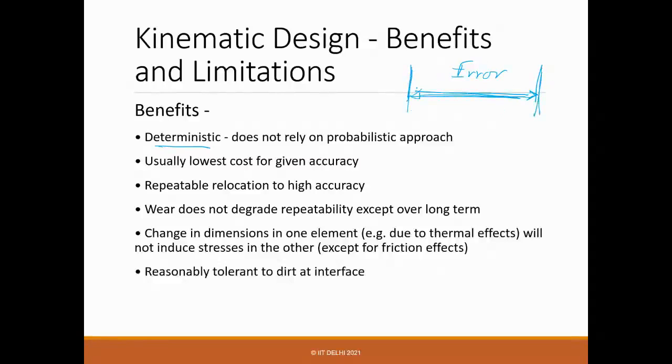So okay, this is the error band you are talking about. The idea is this error, you can always divide into two: systematic and random.